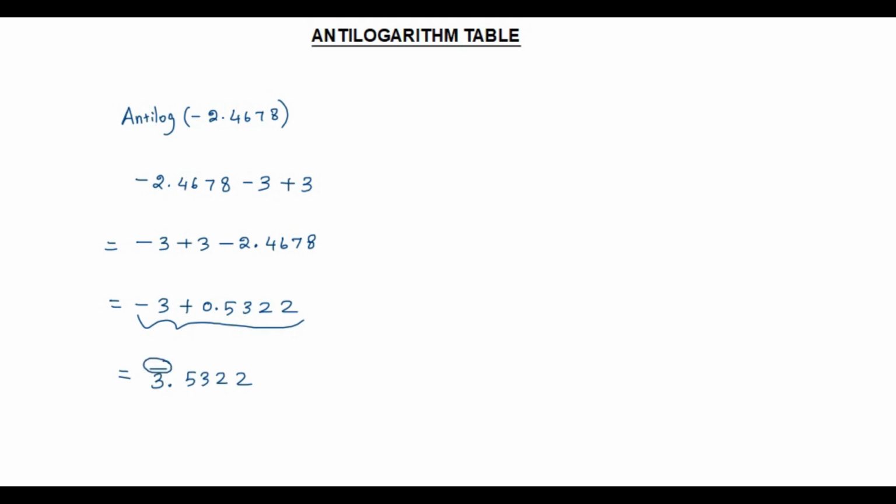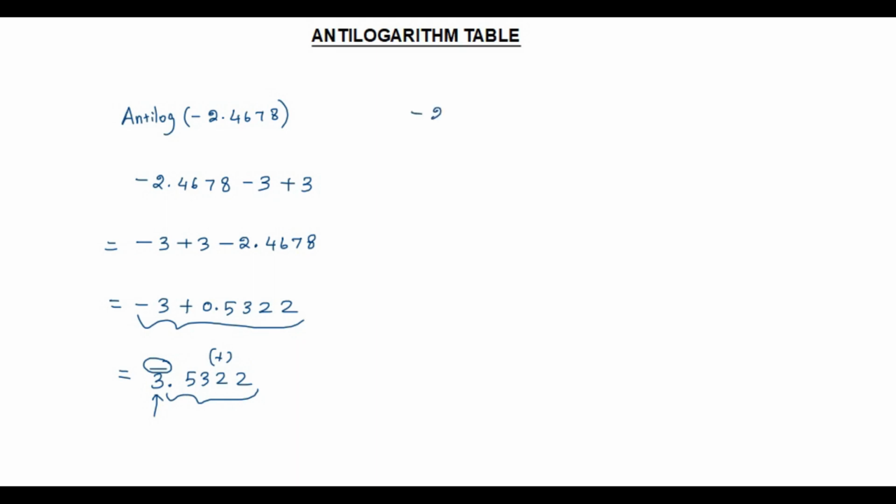So this bar is nothing but minus sign, and the minus is applicable only for this 3, and for this fractional part 0.5322 the sign is positive. Now we can use anti-logarithm table for this one, because we will consider only the digits after the decimal. So here we have the digits 5322 after the decimal, and the sign of this 5322 is plus.